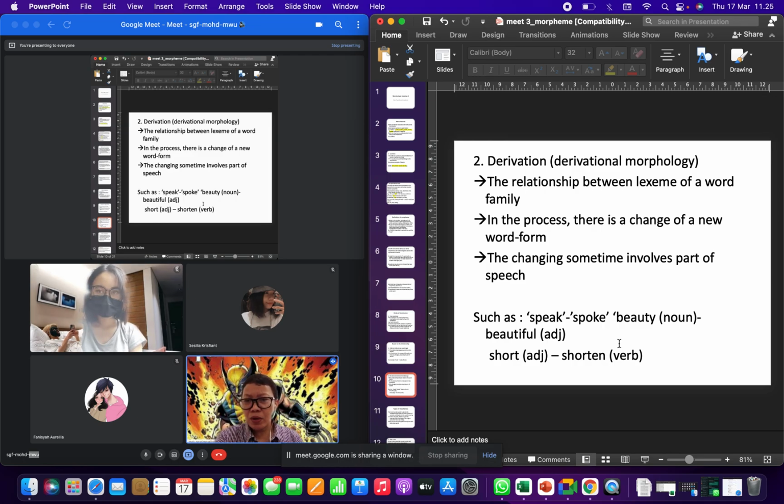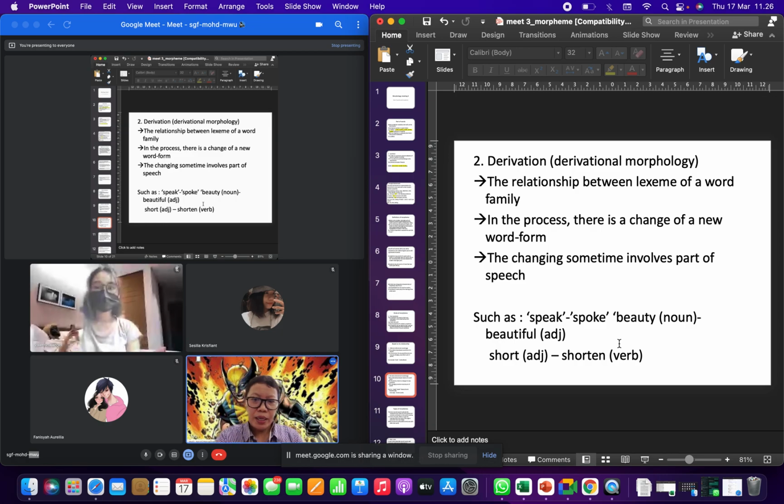What about the part of speech? There is no change. Speak is a verb, while spoke is also a verb. And then we have the morpheme beauty. It is a noun, but it will be changed into an adjective if we add the suffix ful, and it becomes beautiful.